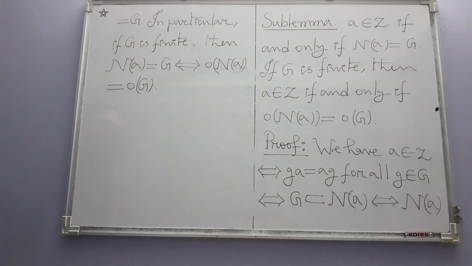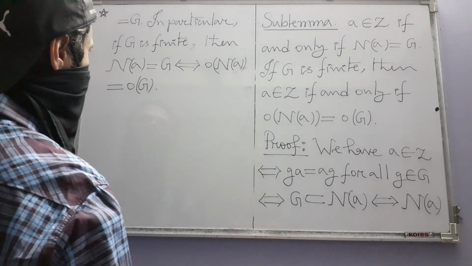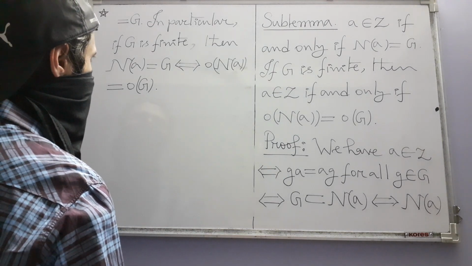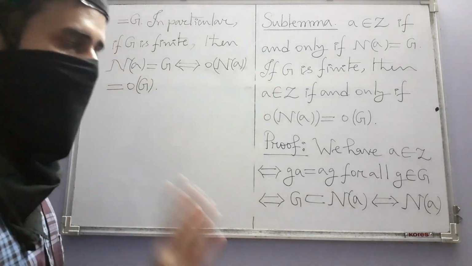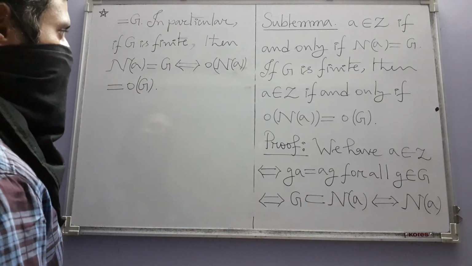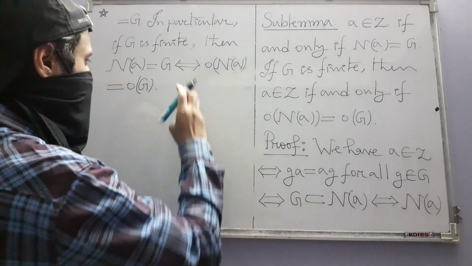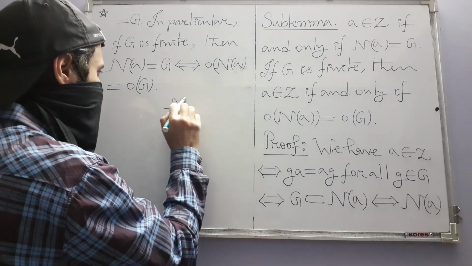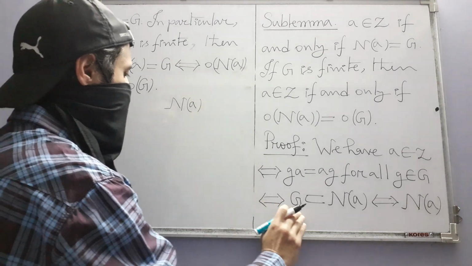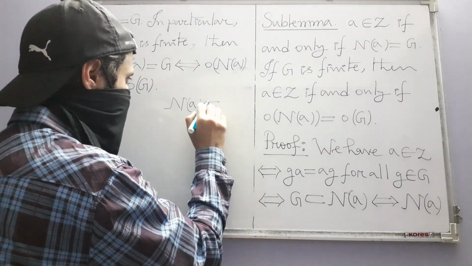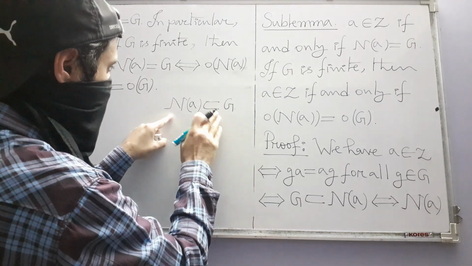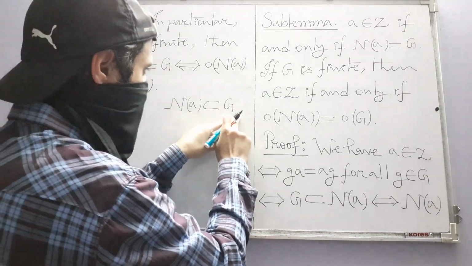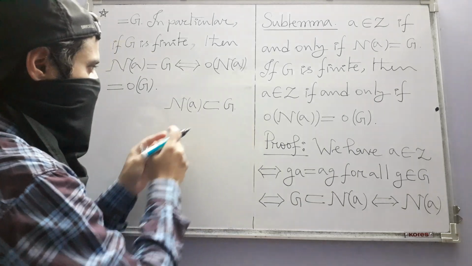Okay, so that is why, oh, I said combining with this thing. No, that is not true. Instead, not this containment but this containment. We don't always have this, right? But we always have this. So what does this say? It says that NA is a subset of G, where G is finite.